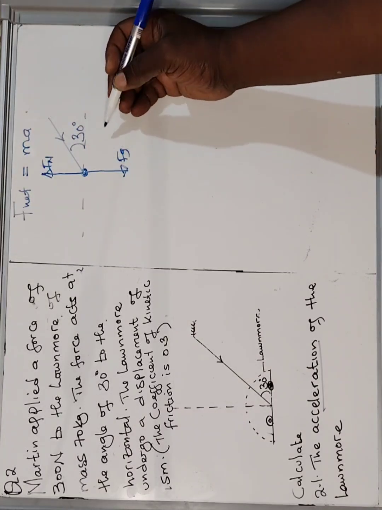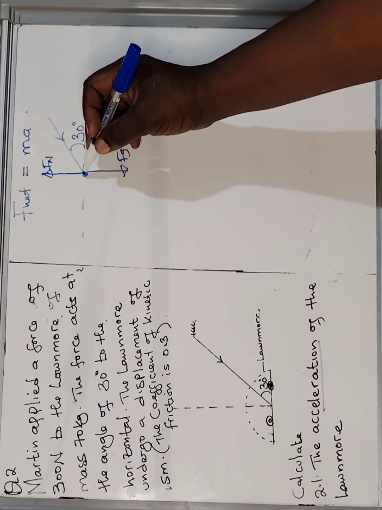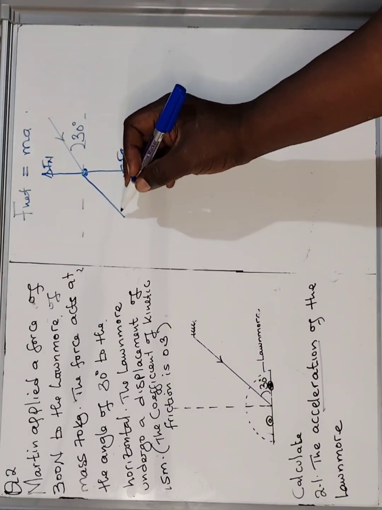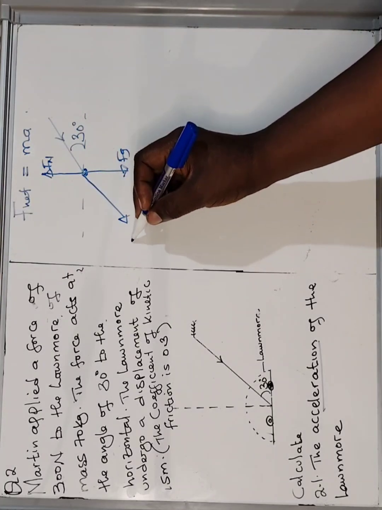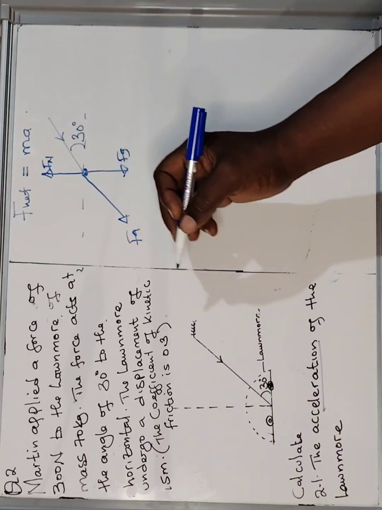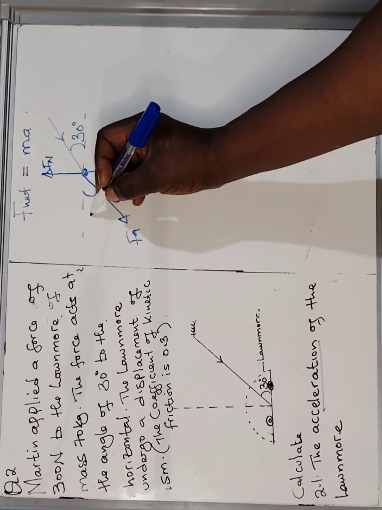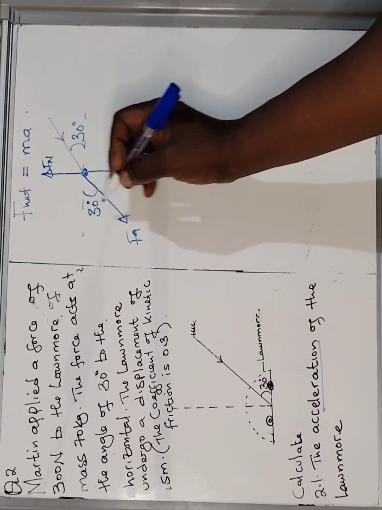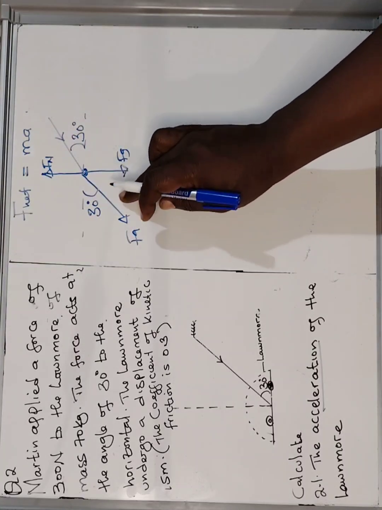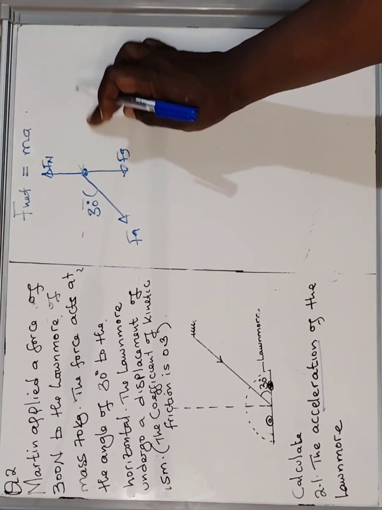Being a vector quantity, this force, without changing magnitude and direction, can be put here. So this is our applied force. It's in the same line, so the direction and magnitude are the same. So we have 30 degrees here. After putting this force here, we don't need the original one anymore. It has been represented.